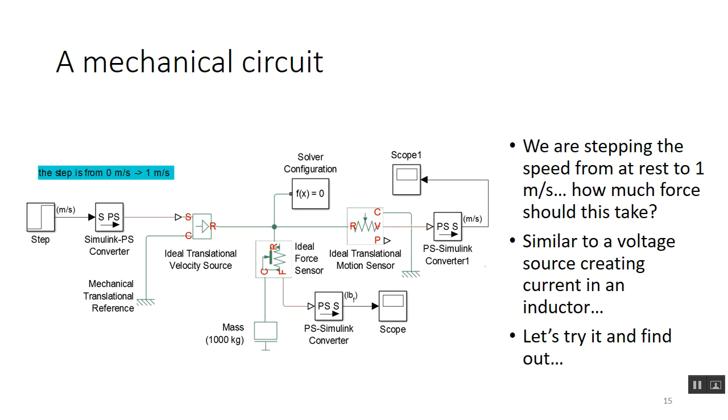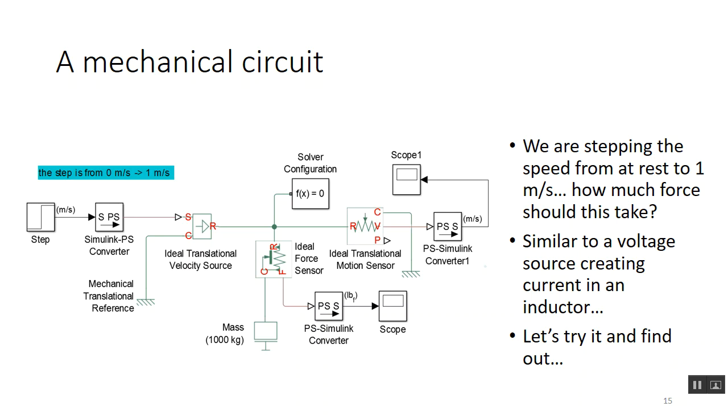So how much force should this take? You can guess or you can just talk about it qualitatively, but when you look at this and you're going from 0 to 1 with a step function, if it really followed the rules, that step function goes directly to 1, and it's driving this mass.